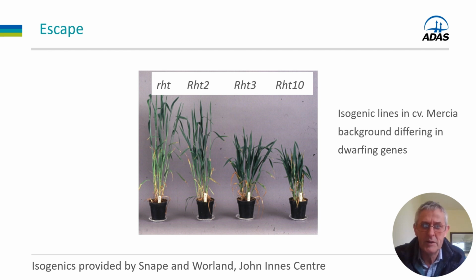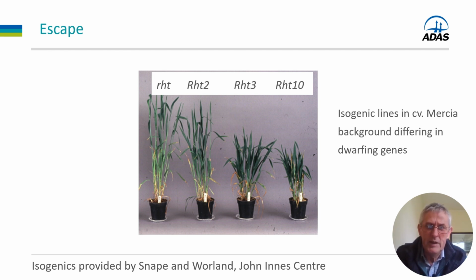And the same process was done for a more severe dwarfing gene, RHT3, and an even more severe dwarfing gene, RHT10. So what this gave us was a set of lines where we could separate out the effects of height from the effects of disease resistance.